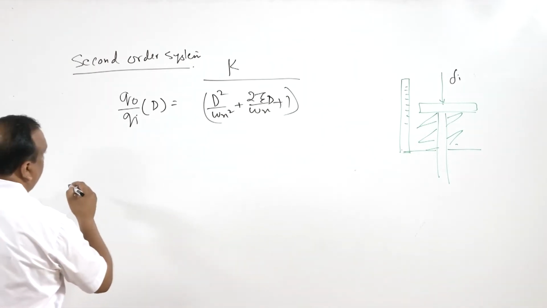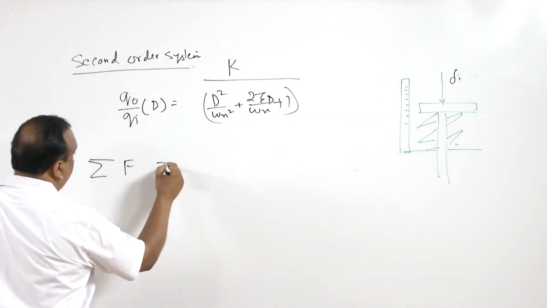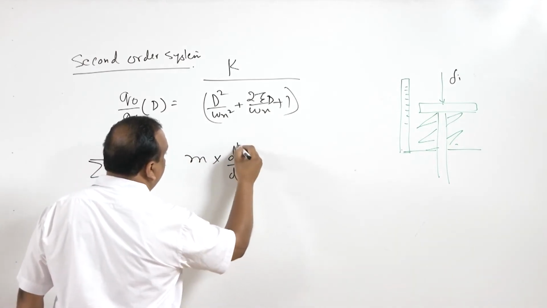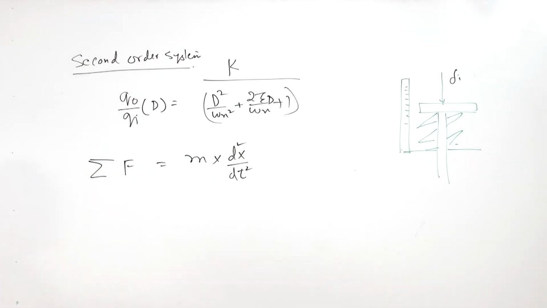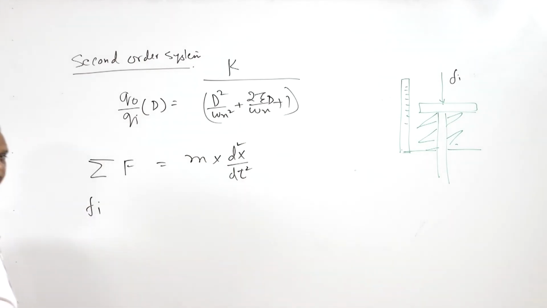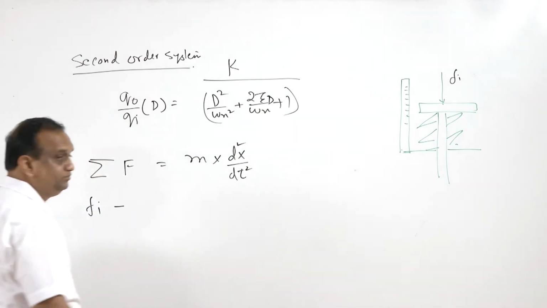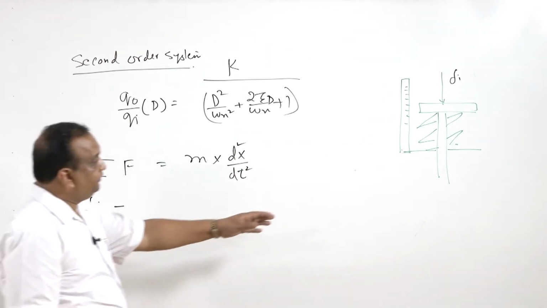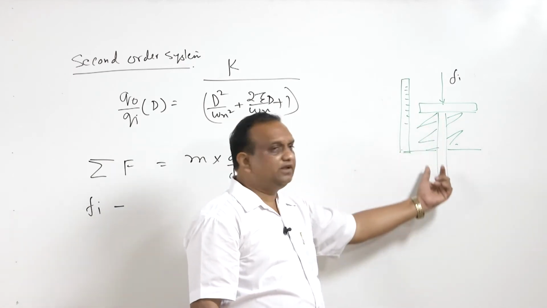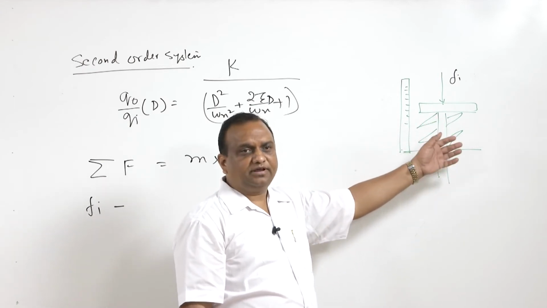Now in this case, if we do the force balance, then sigma force is equal to mass into acceleration. Now sigma force is input force minus this. Here we have assumed that there is an air film, otherwise these machines are well lubricated. So damping of lubricating oil also becomes effective here.